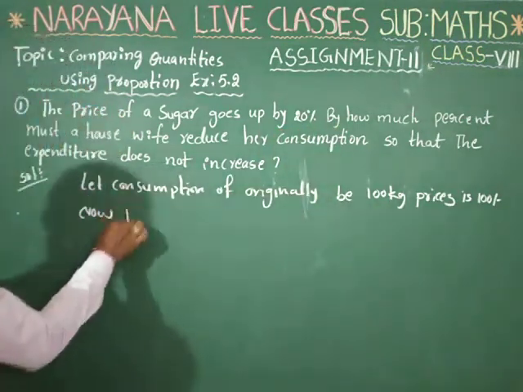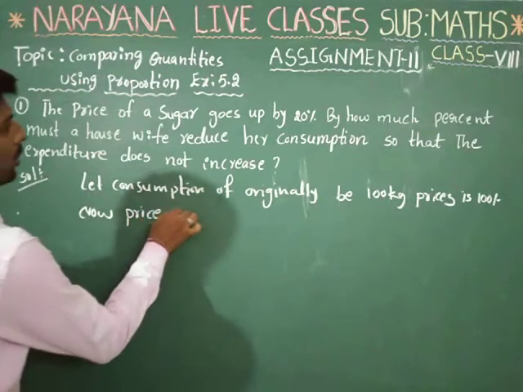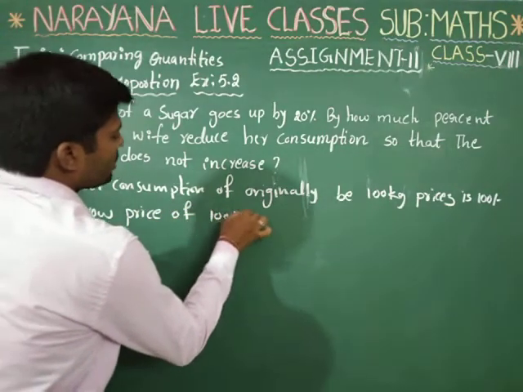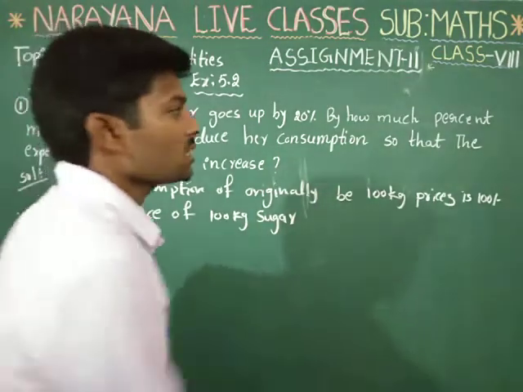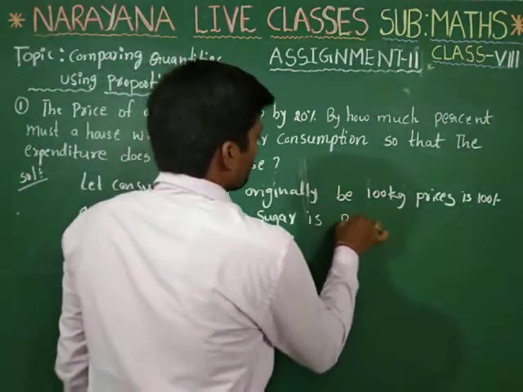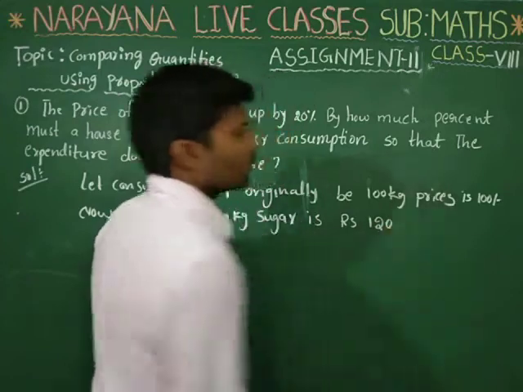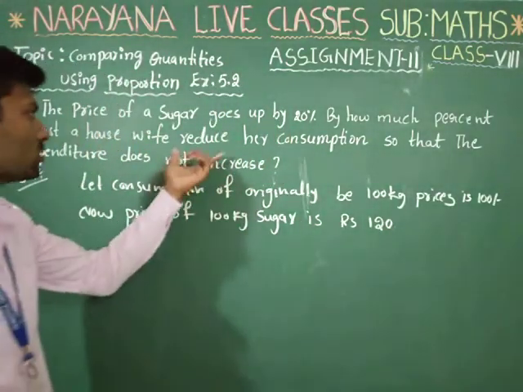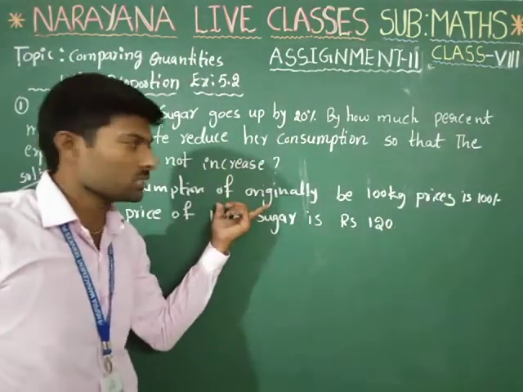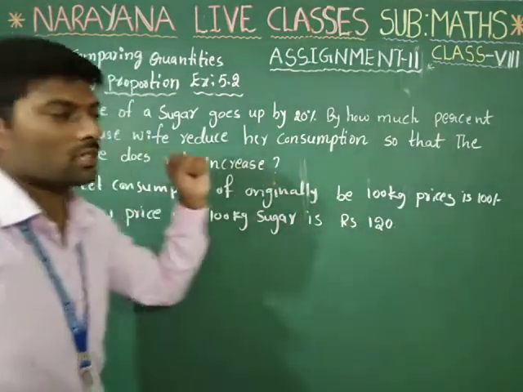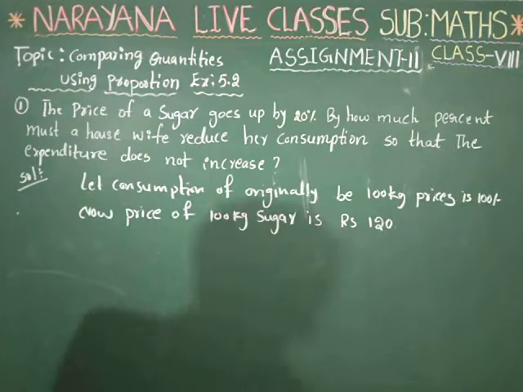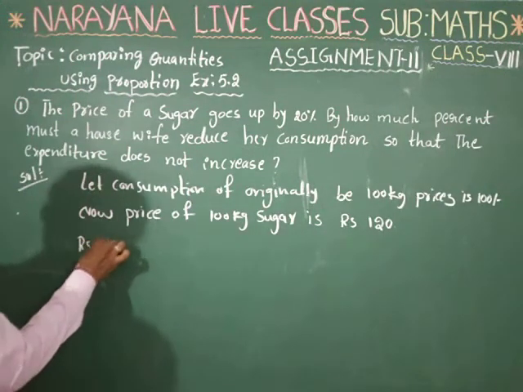So the price of 100 kg sugar is 120 rupees. Initially the cost of sugar is 100 rupees, and after a 20% increase it will become 120 rupees, right?